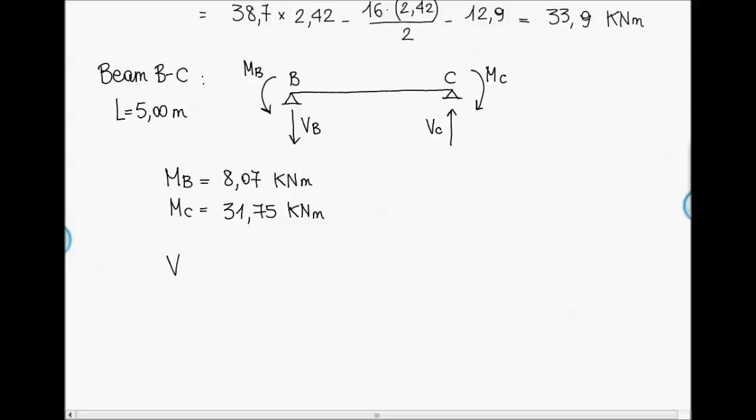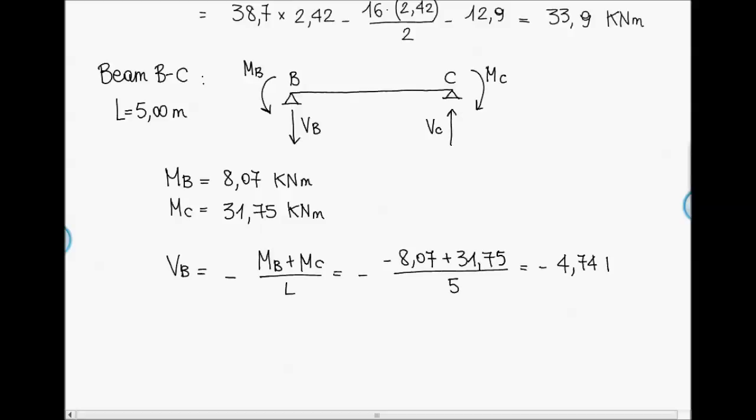In particular, VB is equal to minus (MB plus MC, taken with their sign) over L, which is equal to minus (8.07 plus 31.75) over 5, which gives minus 4.74 kilonewton.